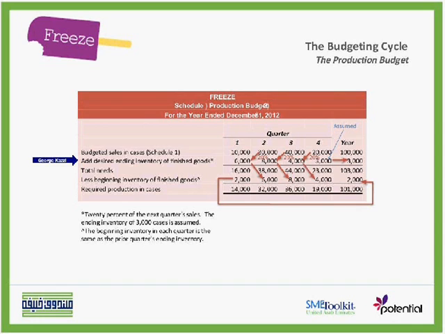So having this desired ending inventory of 20% of the second quarter sales figure, we have to look at the budget. In the second quarter, they are planning to sell 30,000 cases. So 20% of these 30,000 cases will be 6,000. So the total needed to be produced during the first quarter is 16,000 cases.